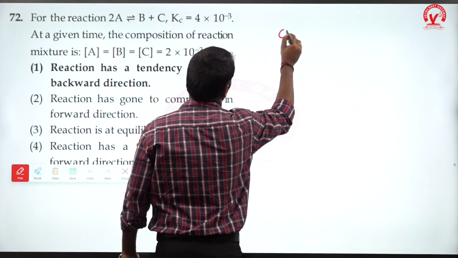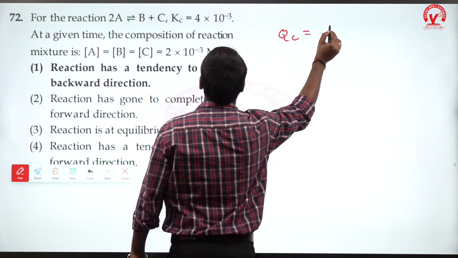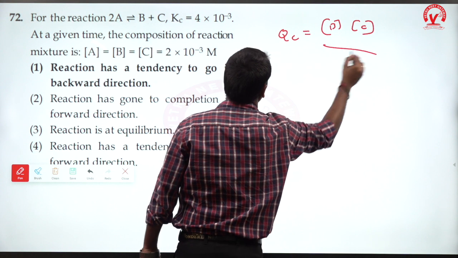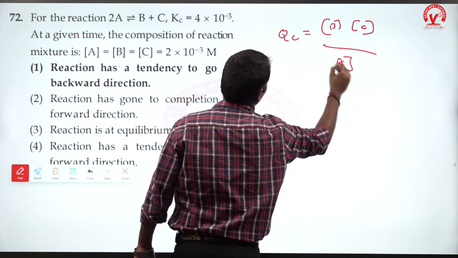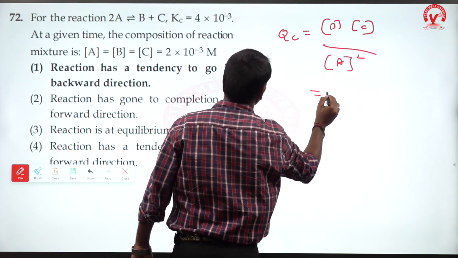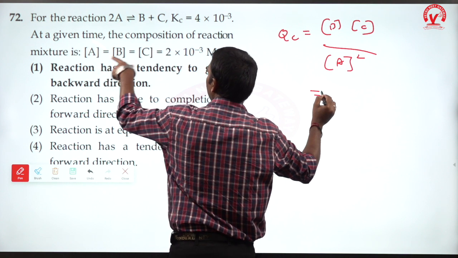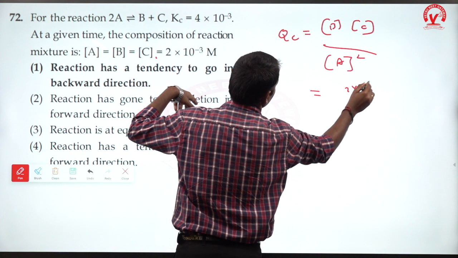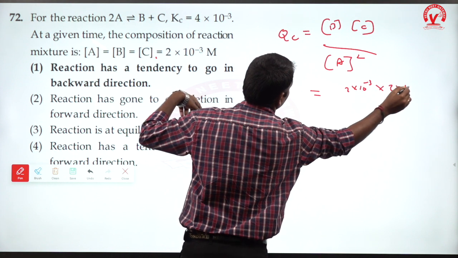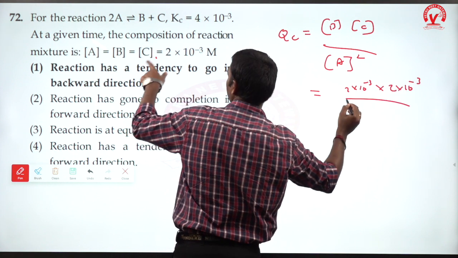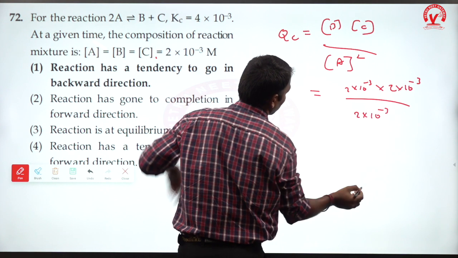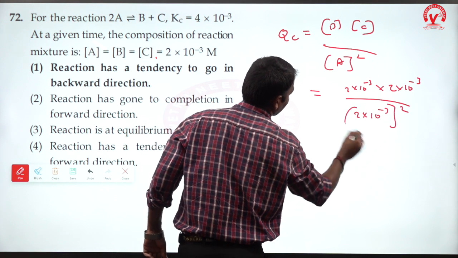For this reaction, Qc is equal to the concentration of B times the concentration of C divided by the concentration of A to the power 2. If you substitute the values given, that is 2 into 10 power minus 3 into 2 into 10 power minus 3, divided by 2 into 10 power minus 3 whole square.